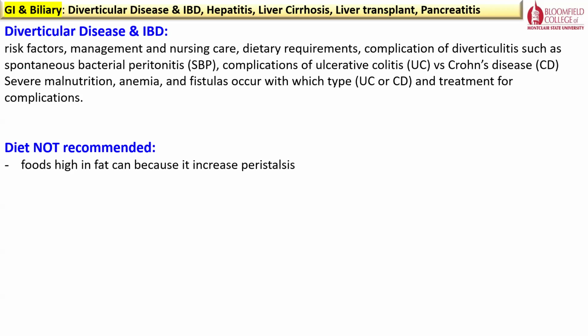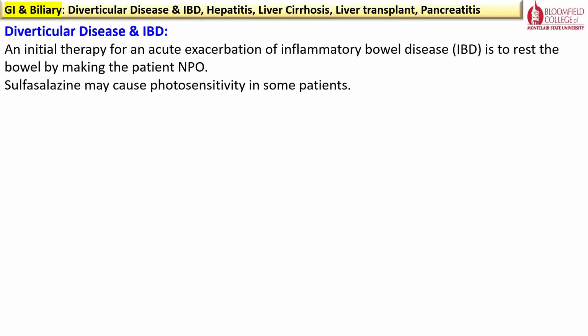Now, diverticular disease and IBD also. Patients with an acute episode of diverticular disease or IBD, like either ulcerative colitis or Crohn's disease, will be at risk for peritonitis. And we learned about the signs and manifestations of peritonitis, and renal, like hemodialysis and peritoneal dialysis.